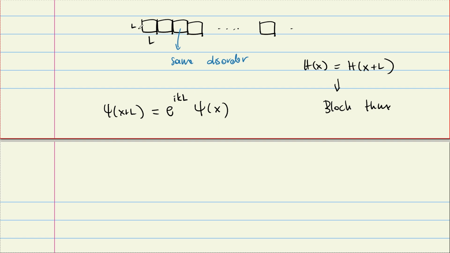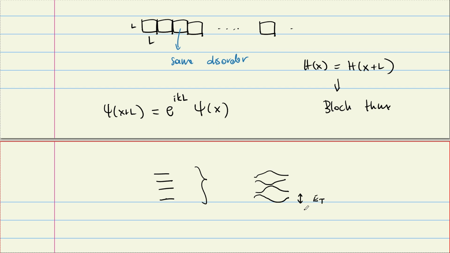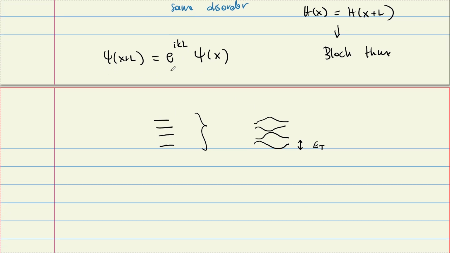Then if you have the levels in a given sample like this, when you tile the entire sample with many copies, what you are going to have is level broadening, like these bands, just like we had in the Bloch case. The broadening of each level is going to be the Thouless energy, and we can find it by using the Bloch theorem.